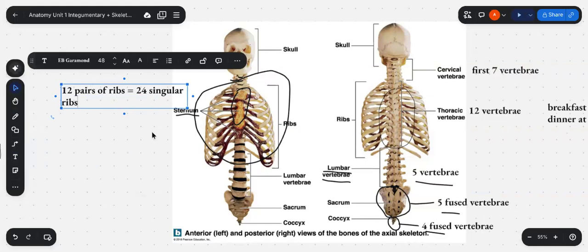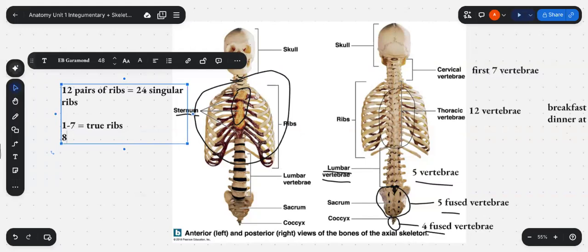They could ask some questions on those things. It is good to know, especially because your instructors might ask you the difference between true, false, and floating ribs. So, pairs of ribs 1 to 7, those are going to be your true ribs because they're directly touching your sternum.